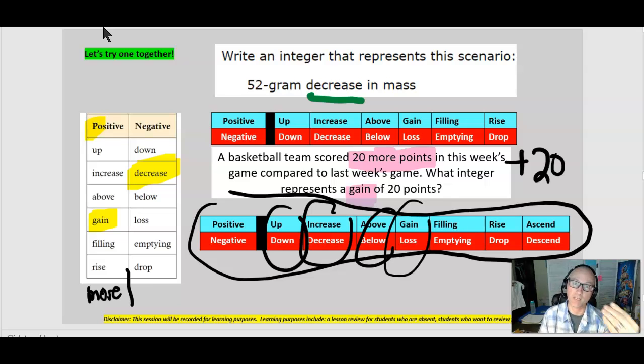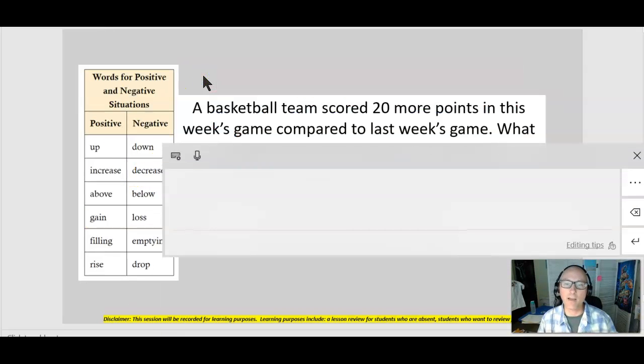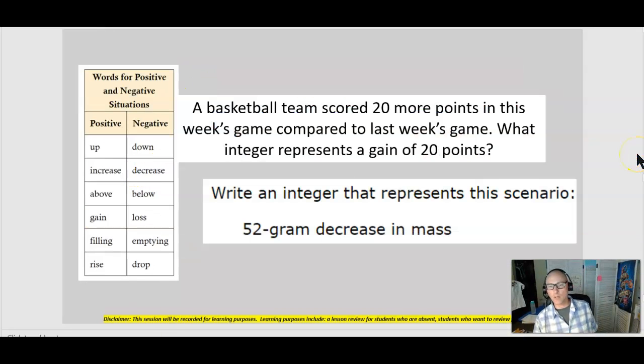No, can't we just have a gain, gain? Can it be a win-win? Let's try to do a win-win. Filling and emptying. Rise and drop. Rise in temperature, drop in temperature. Ascend, go up, ascend the mountain. Descend means go down the mountain. You know you're going to get an English language arts vocabulary lesson in math, did ya? Sometimes you got to know your vocabulary.